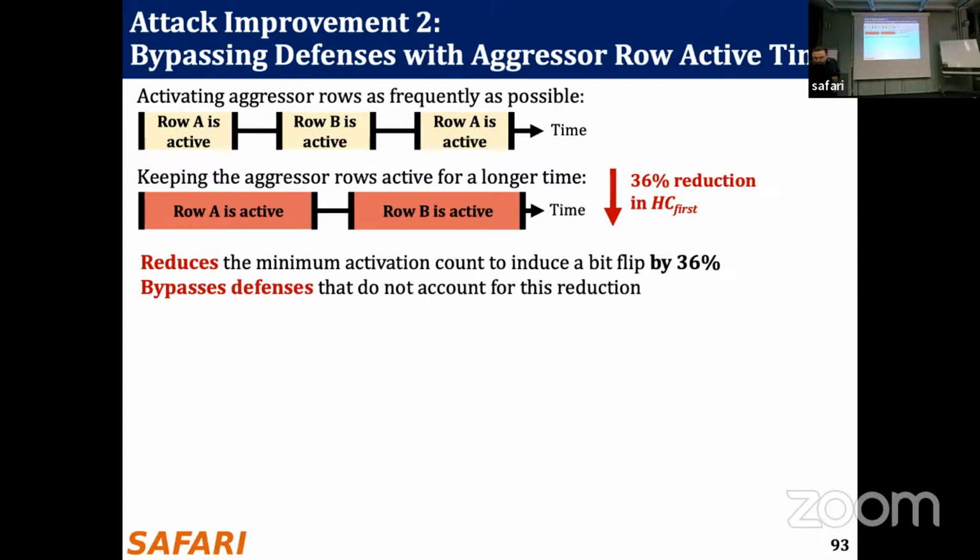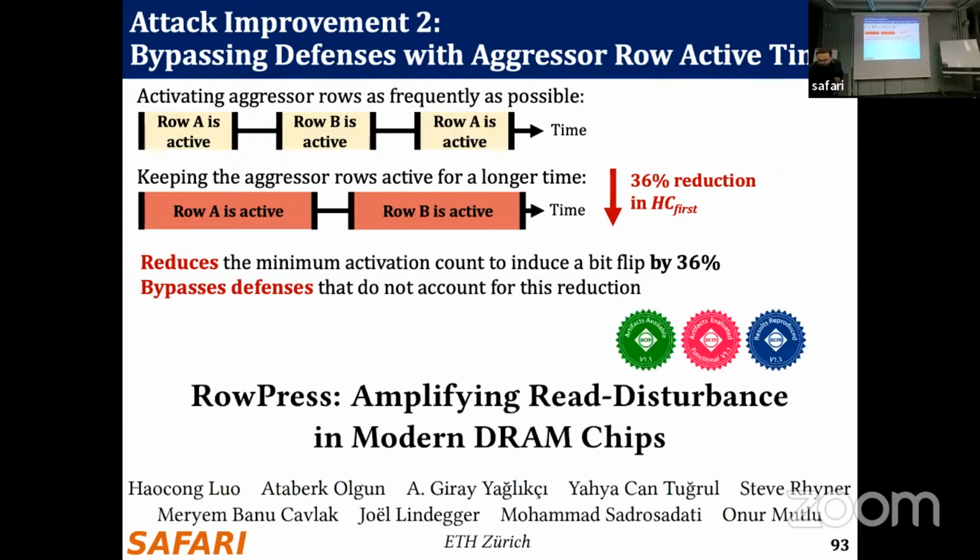And if the deployed RowHammer defense on that system doesn't account for this, you basically bypass this mechanism, right? Because your threshold is different now. And RowPress actually shows this. You can ask Ataberk about the real system experiments and how they bypass the existing mitigation mechanisms using RowPress to induce bitflips.